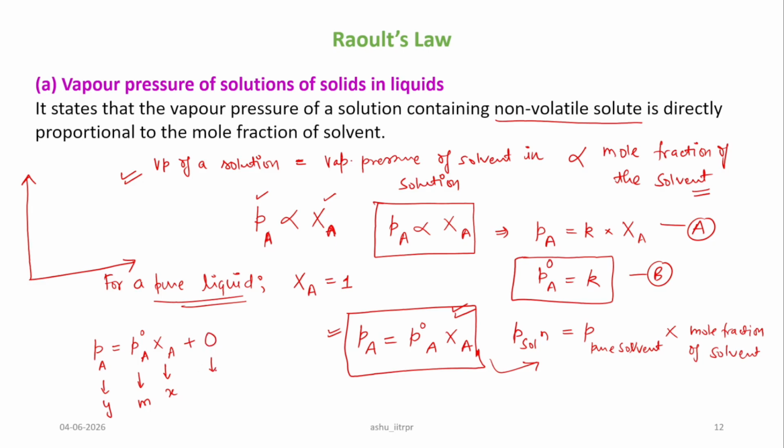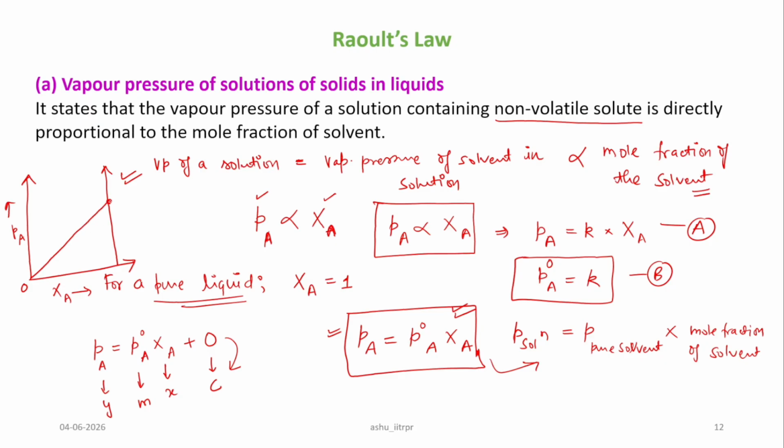So on the y axis I'm writing PA, and on the x axis I have chi A. This is the origin. The intercept is 0, which means this line must pass through the origin.